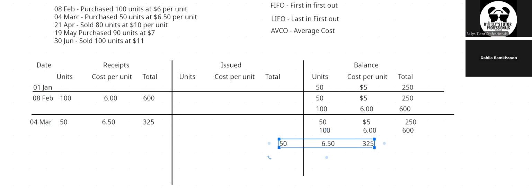So the total value would be this 250 plus this 600 plus this 325. If I had to get the value of all my goods right now, I'll add that up together, right? Following still? Now here's where things change.